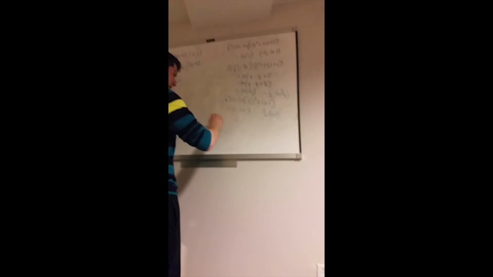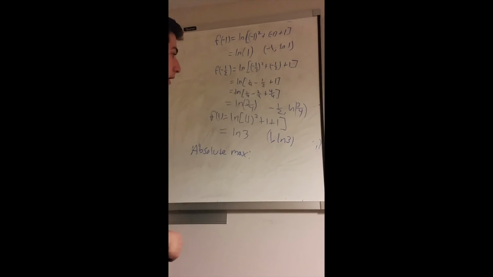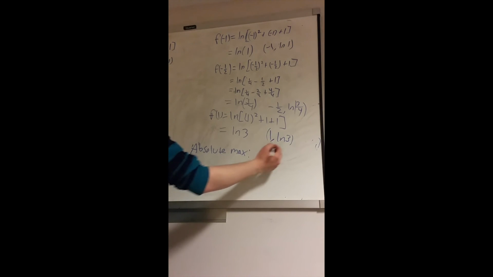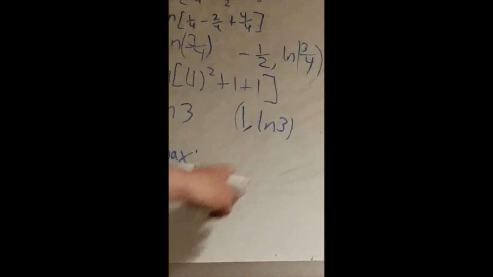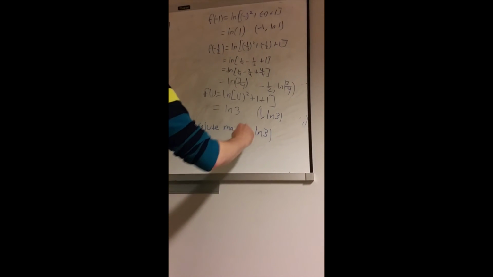So for our absolute max, we're going to have this one right here, the point 1 and ln 3, because we know ln 3 is the highest y value. So we're going to have 1 and ln 3 as our absolute max.